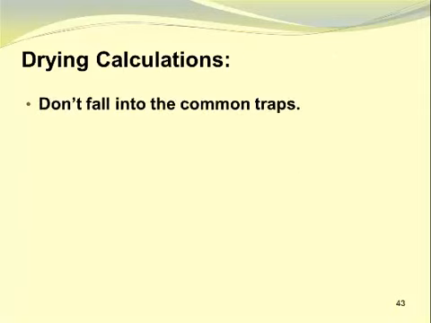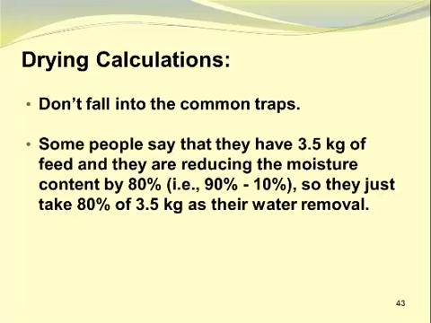0.90. Now I'd like to warn you about a common trap into which people fall. Some people say that they have 3.5 kilograms of feed and they are reducing the moisture content by 80%. That is, they say they have 90% moisture in the feed material and that they have 10% moisture in the final product.